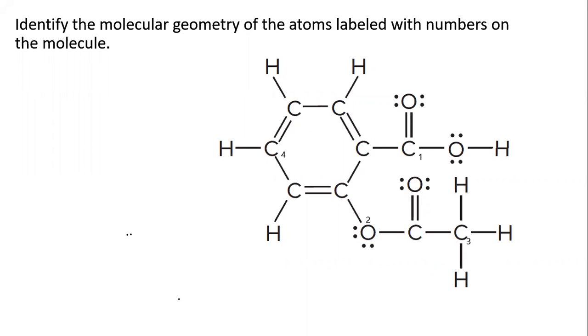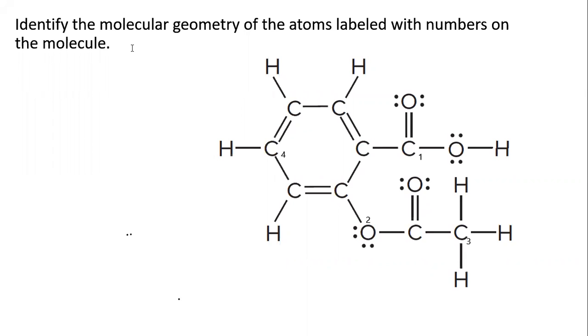That means the most number of electron pairs you can have in a molecule is 4. So for organic molecules, you can't go beyond 4 electron pairs, which means you can't go beyond tetrahedral electron geometry.